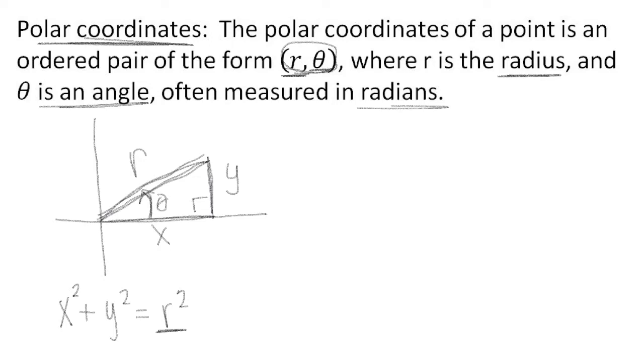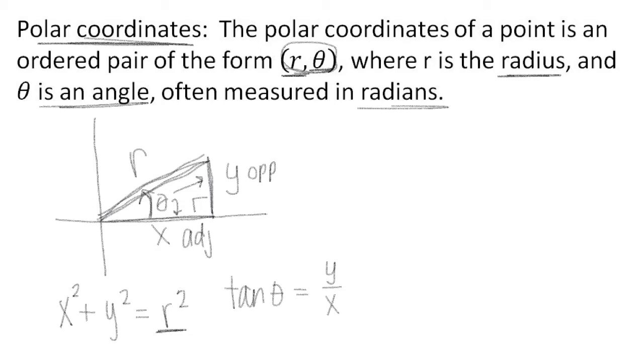Based on what we're given with x and y, notice we're given the opposite side, and also the adjacent side. So I also know the tangent of that angle is going to be equal to y over x.